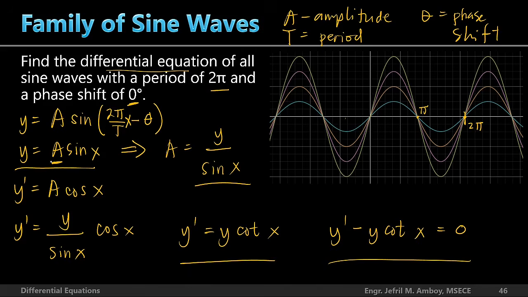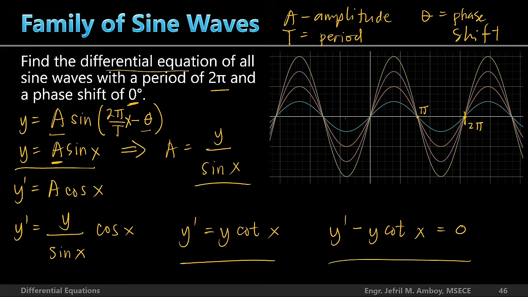So, if you have already your function, try to simplify your function as much as possible with the least number of arbitrary constant. Kanina, ilan ang arbitrary constant natin? Isa, dalawa. Pero nung ini-apply natin yung condition na sinasabi sa problem, nagawa natin ang paraan na maging isa na lang ang arbitrary constant mo. And then nag-differentiate ka once.